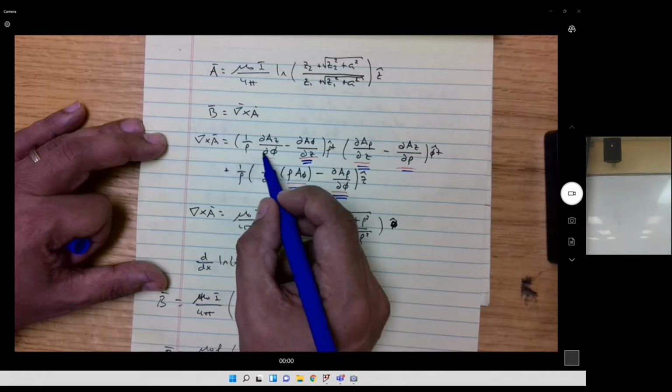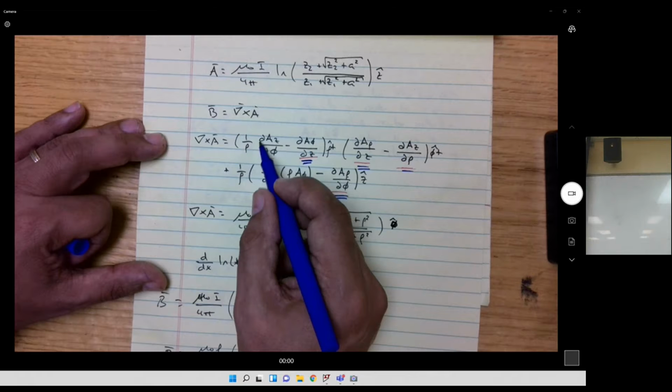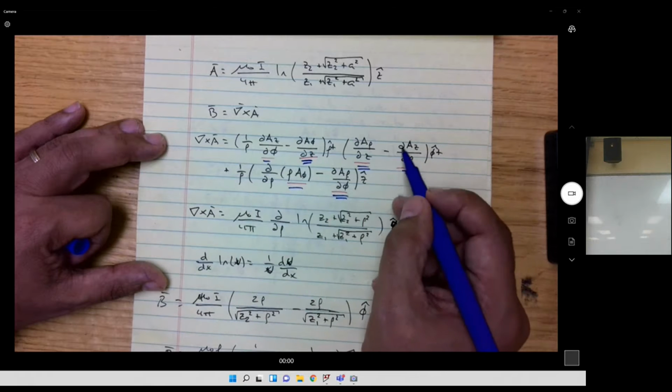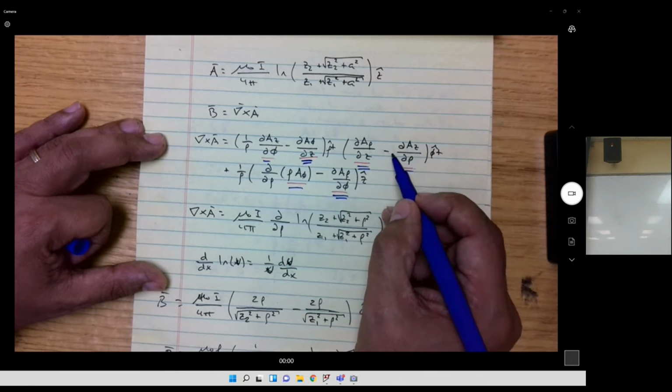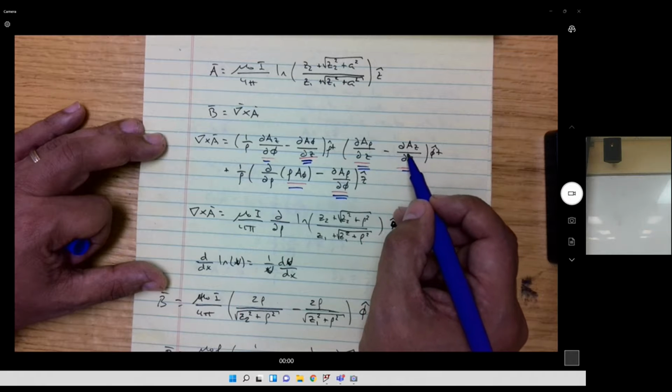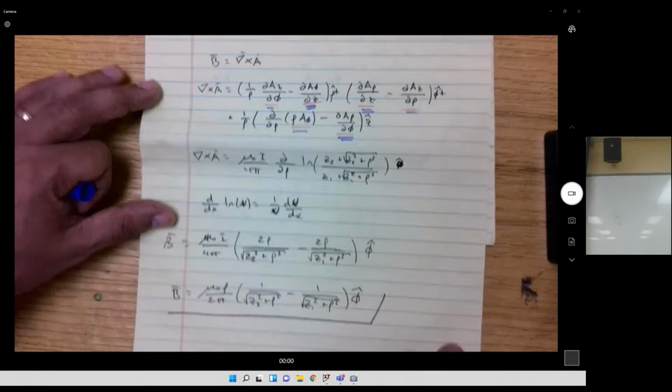So we're going to have this term over here, but because it doesn't depend on phi, this is still going to be zero. So the only thing that is left is going to be this one, the negative partial derivative of z with respect to rho.